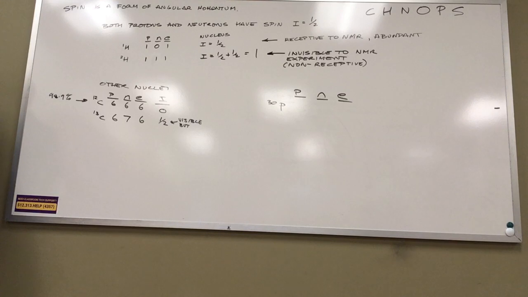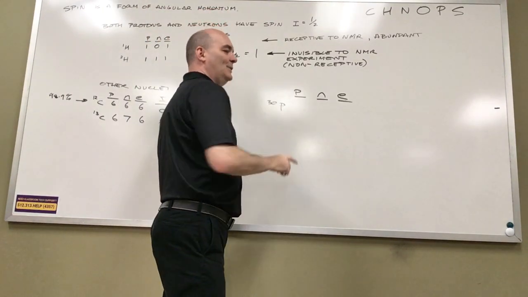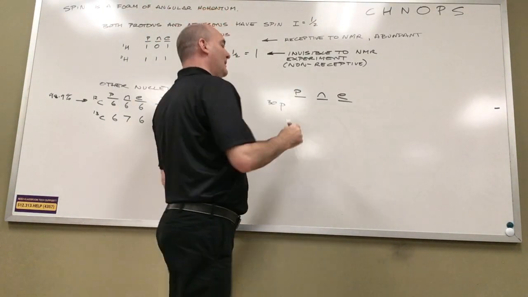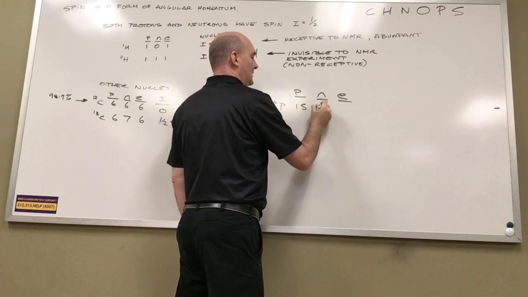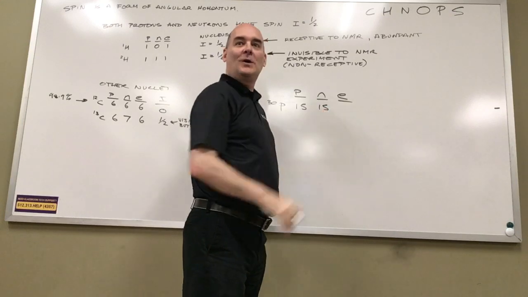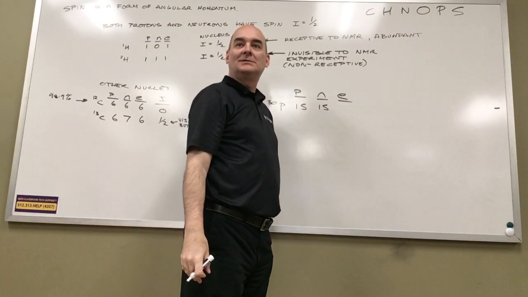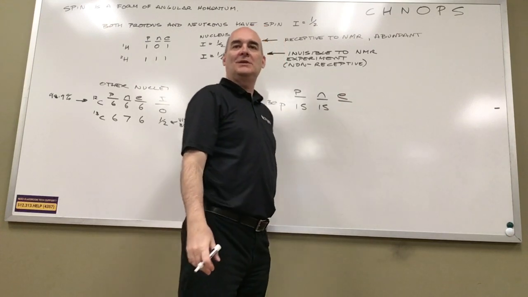So it has, well, phosphorus's averaged mass number on the periodic table is closer to 31 than it is to 30. This would be 15 and 15. Two odd numbers. I've erased it now, but what does two odd numbers give me?